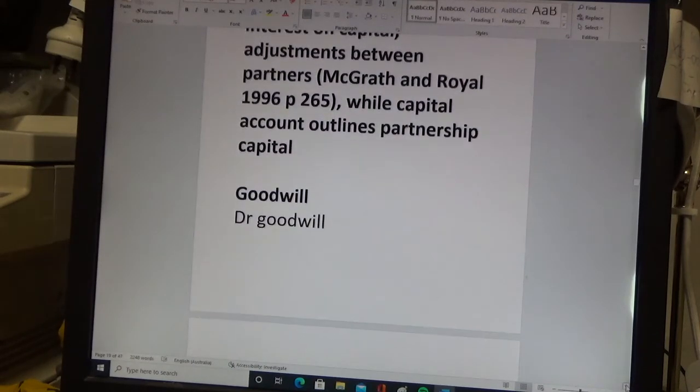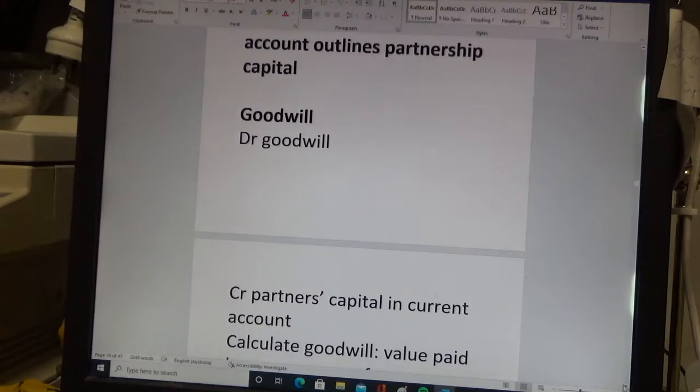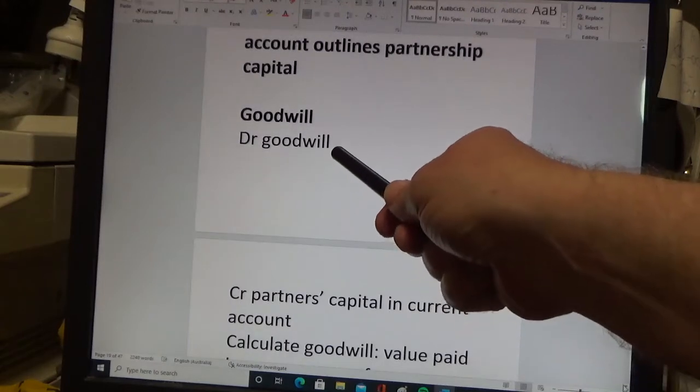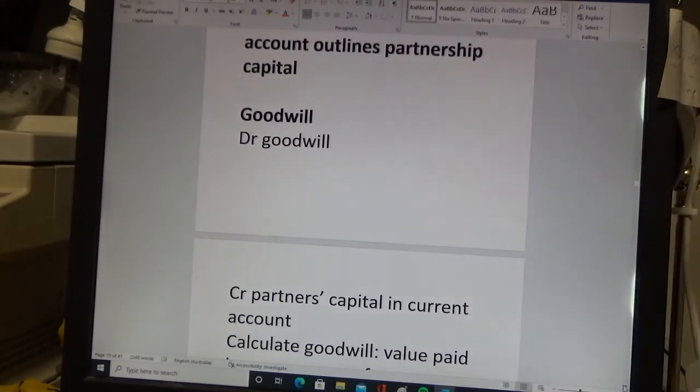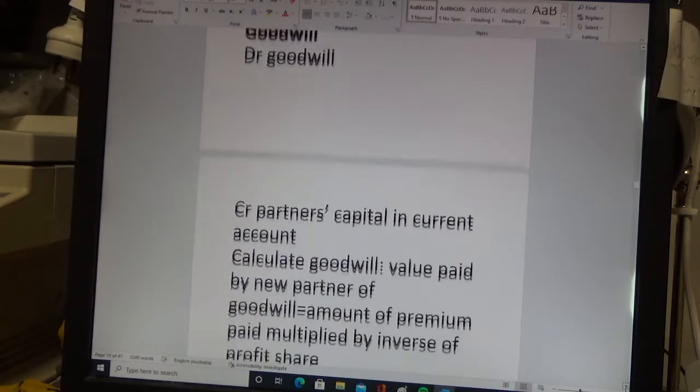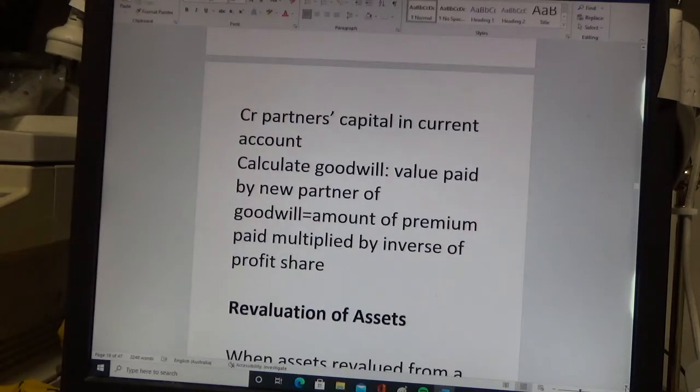Again, goodwill, debit goodwill, which is typical. In companies, goodwill is on non-current assets. So in partnerships, you debit goodwill and credit the partner's capital or current account. And how to calculate goodwill?